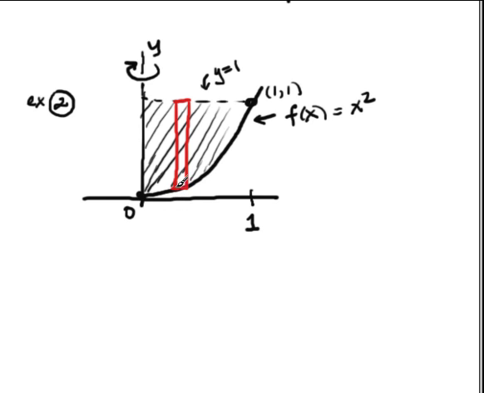The thickness, the base of the rectangle, is dx, since this little base is in the x direction. If you picture spinning this rectangle around, we still get a cylindrical shell, just like before. The difference is that the base does not sit on the x-axis.